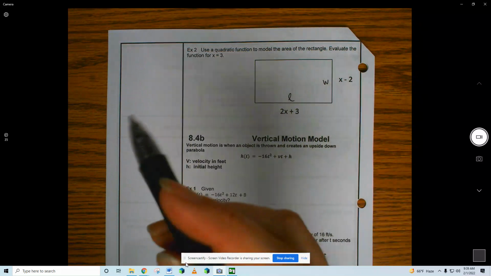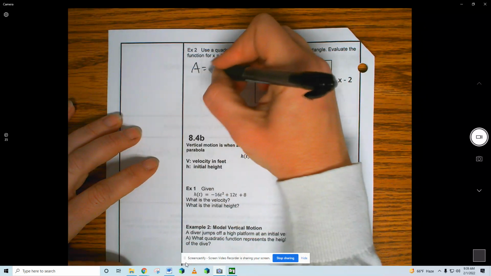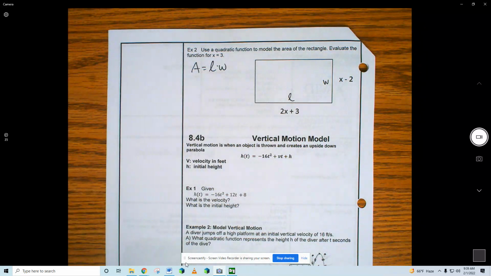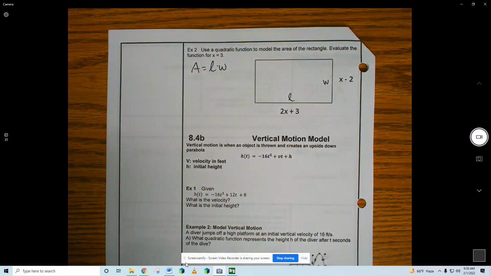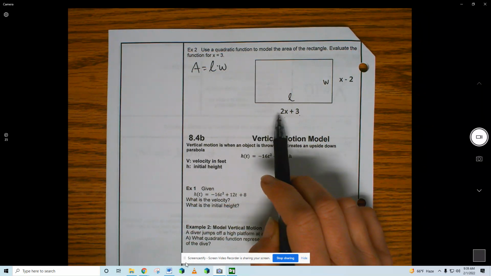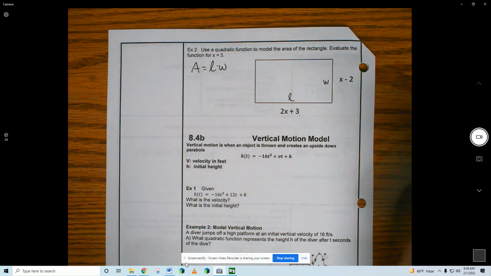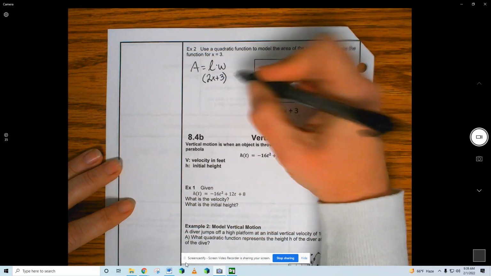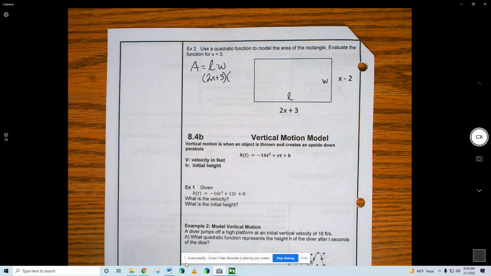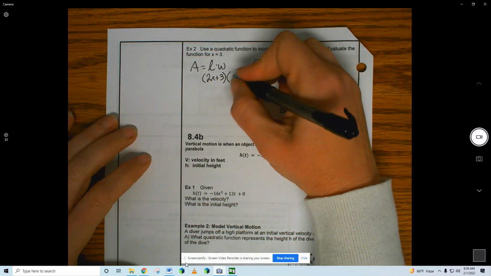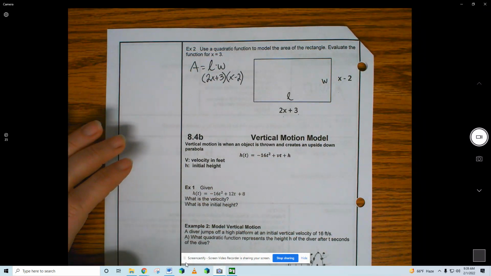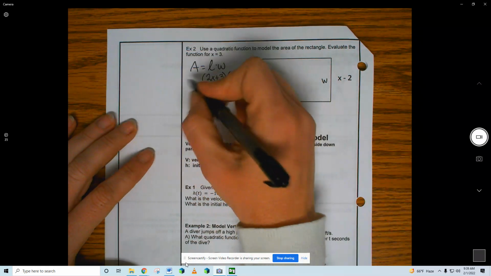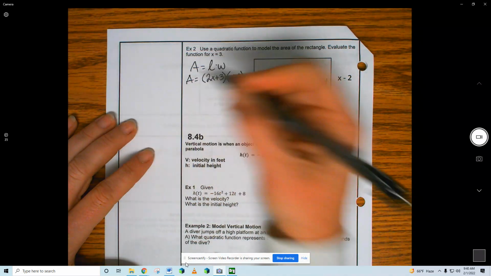Length times width is area. How am I going to write that? What is the length of my shape? It's not just a number like 12. It's a binomial. 2x plus 3. And now I'm going to multiply it by the width. What's my width? X minus 2. We've done this before. It's multiplying binomials. FOIL.